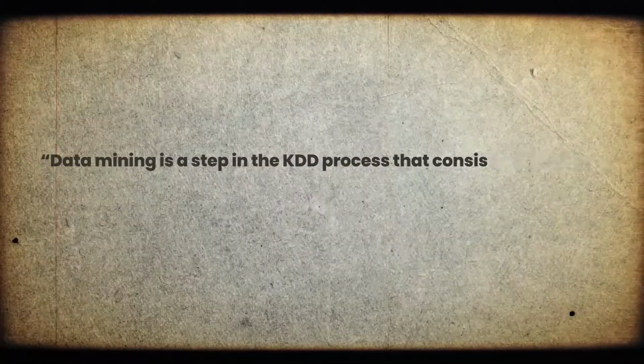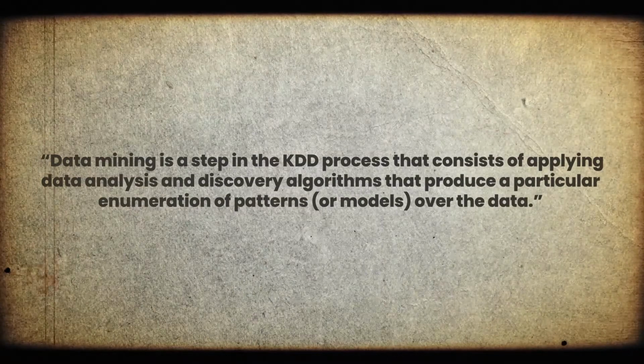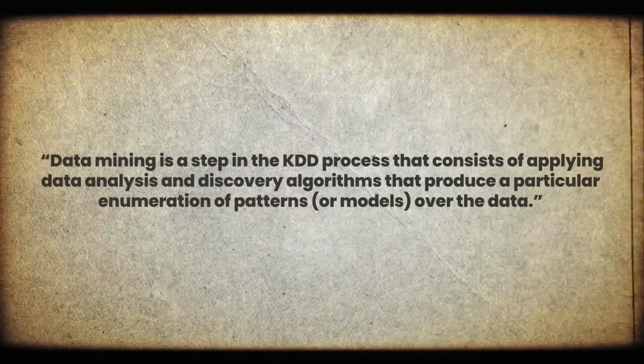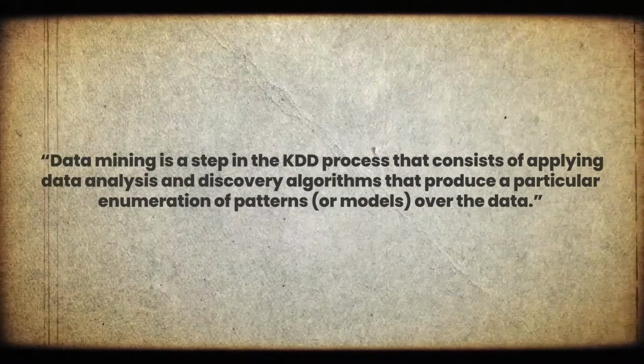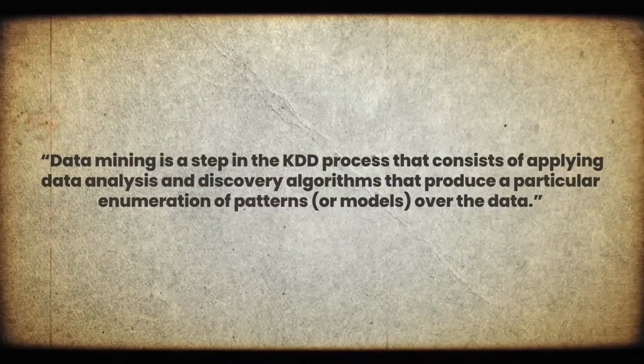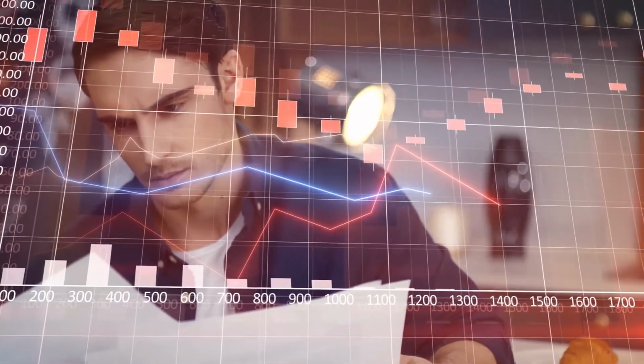They didn't stop there, because this publication claimed that data mining is a step in KDD, the knowledge discovery in databases process, which consists of applying data analysis and discovery algorithms that produce a particular enumeration of patterns or models over the data. Now, from the definition of data science that we went through earlier and this definition of data mining, you may clearly see that both have the same purpose, which is to find unseen patterns or enumerations of patterns.